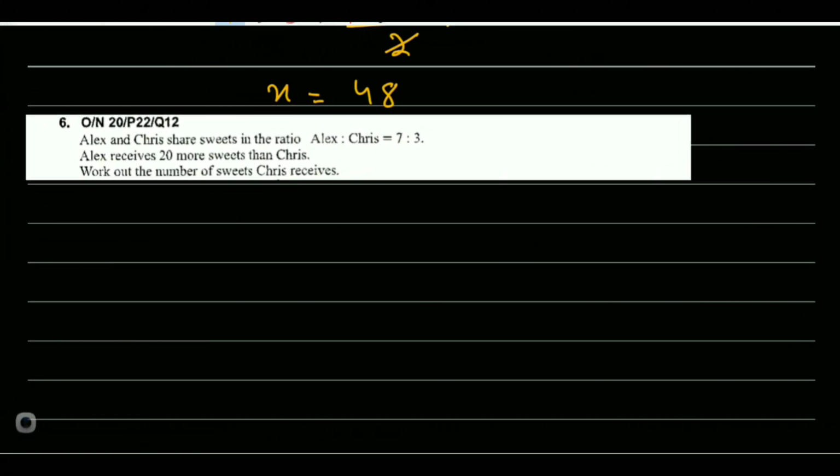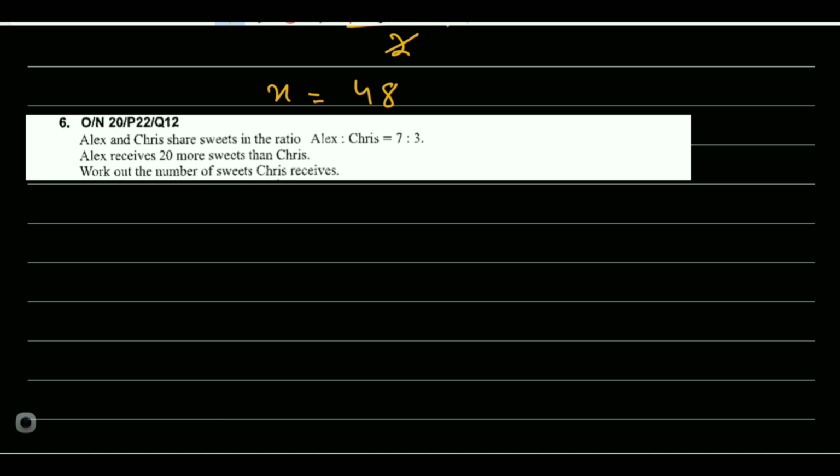Okay, as you can see, this is the past paper question of October November 2020, paper 22, question number 12. The ratio of both people is 7:3. Alex receives 20 more sweets than Charis. Work out the number of sweets Charis receives. So here first of all we will make the same boxes.